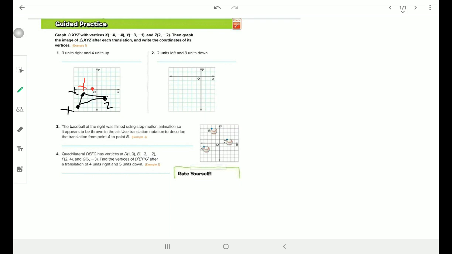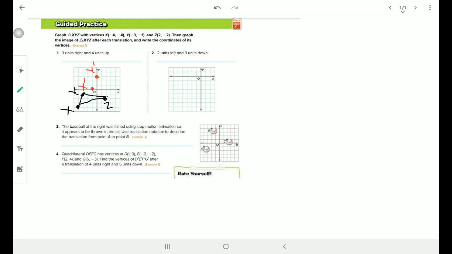And we're going to do the same thing with points Y and Z now. So point Y, we're going 3 units to the right, 1, 2, 3, and then up 1, 2, 3, 4. And since this is like point Y, we're going to call this point Y what? Y prime. That's right.